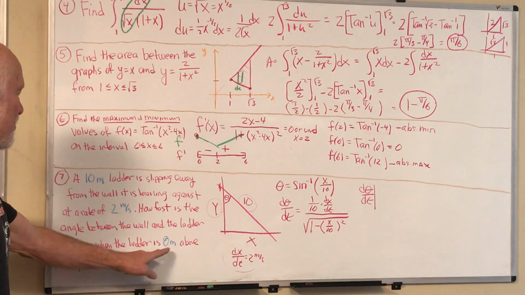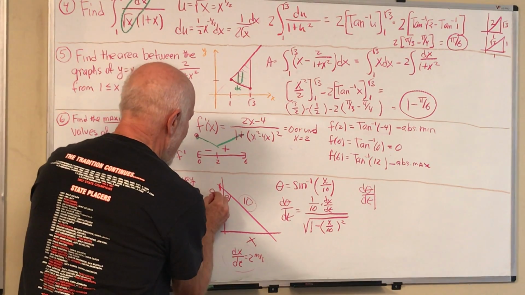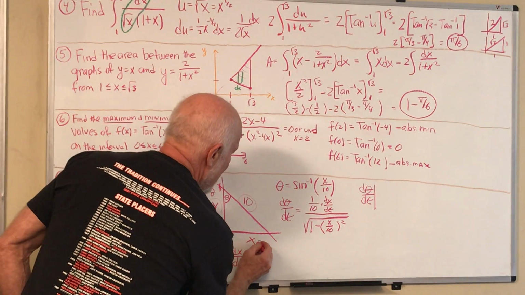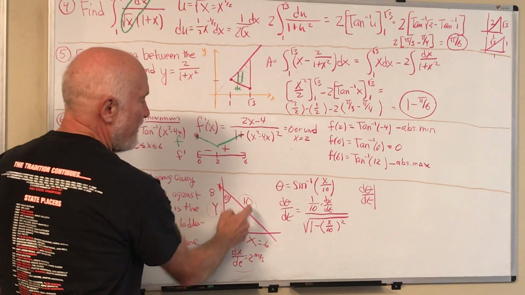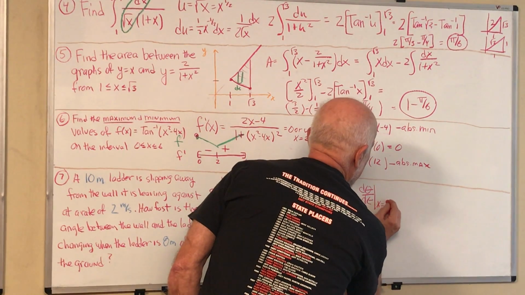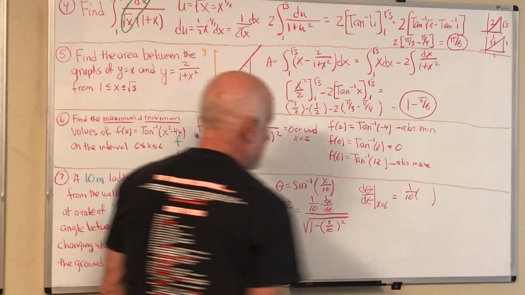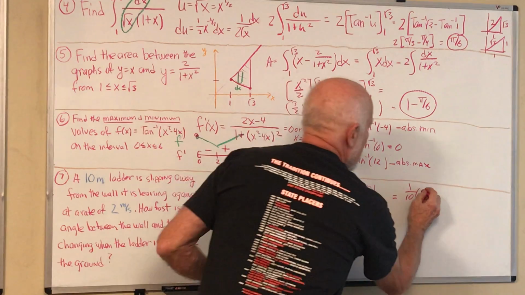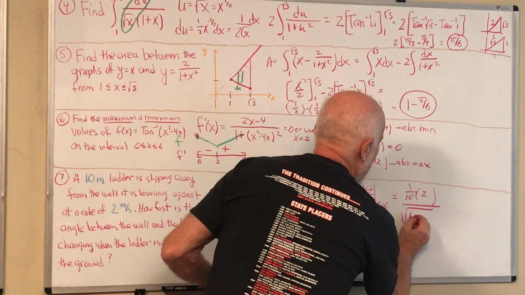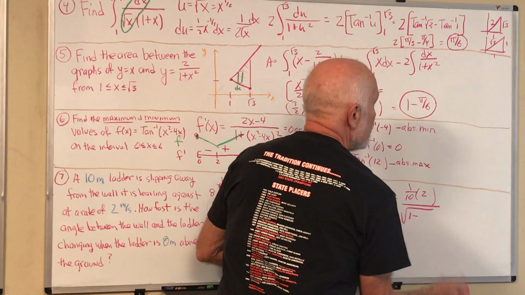So I want to find d theta/dt at what time? It says when the ladder is 8 meters above the ground. So that's when y is 8, but we don't need y, we need x. So x is going to be 6. This is a 3, 4, 5 triangle. So when x equals 6, I get 1/10, dx/dt we know to be 2, over the square root of 1 minus 6/10, or 3/5, squared.